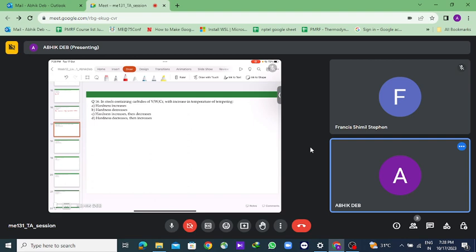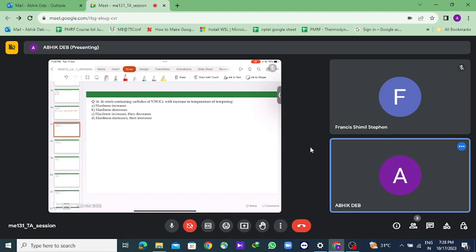Tempering is done to decrease the hardness, so it could be decreasing. Yes, that is option C, but the question refers to steels which contain these carbides.